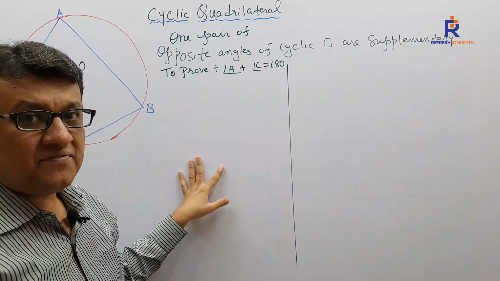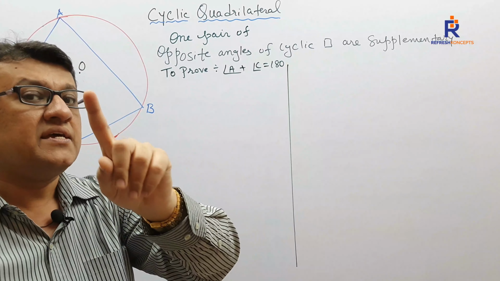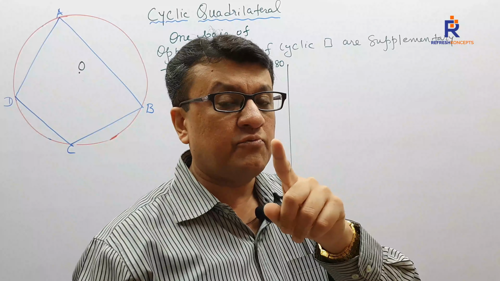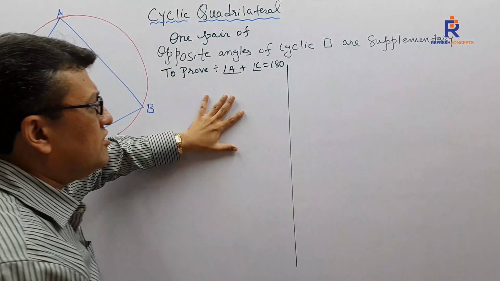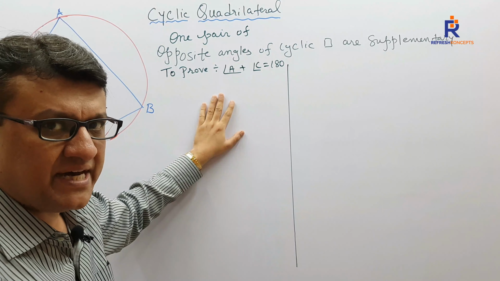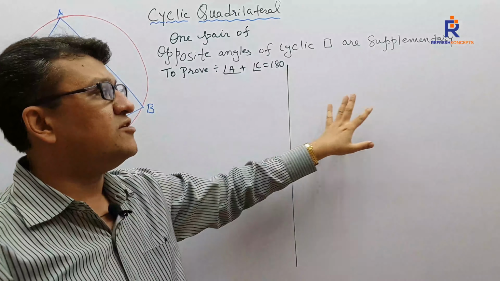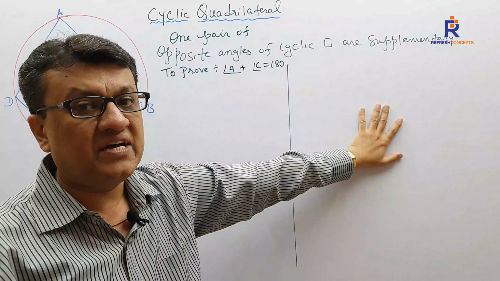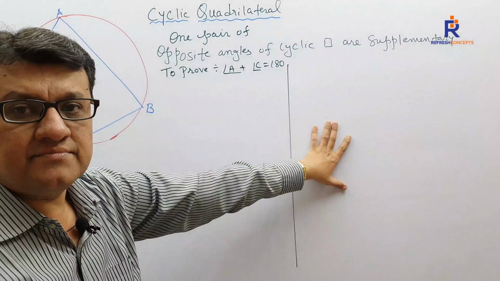One answer in the form of intercepted arc, where we apply IAT. The other in the form of central angle. Both solutions are going to be the same.